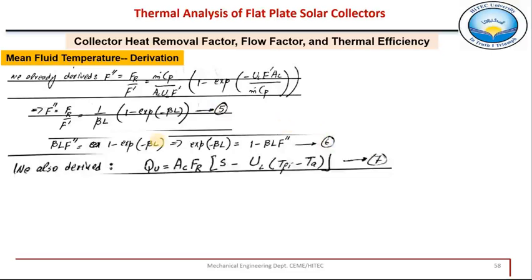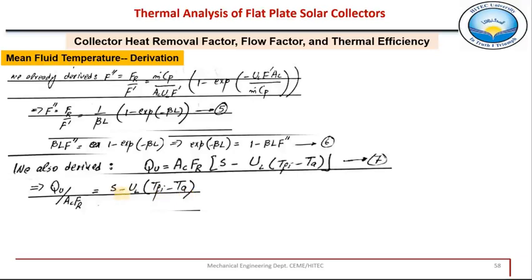Next we also have derived this equation of heat gain of the solar collector in terms of inlet fluid temperature with the introduction of this factor, collector heat removal factor FR. So this equation we have already derived, and we know what is this equation. Now we shall further simplify this equation. QU divided by AC into FR is equal to S minus this one.